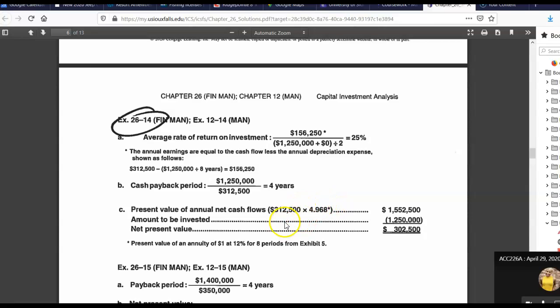So I'm going to get 312,500, and do this with me with your calculator. 312,500 times 8, that's 2.5 million.